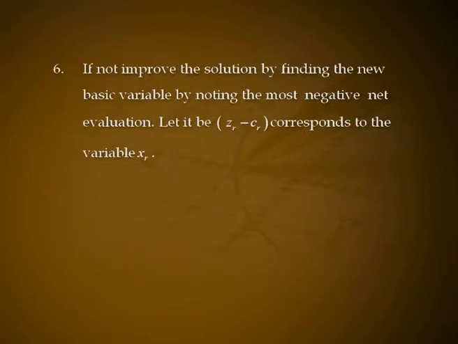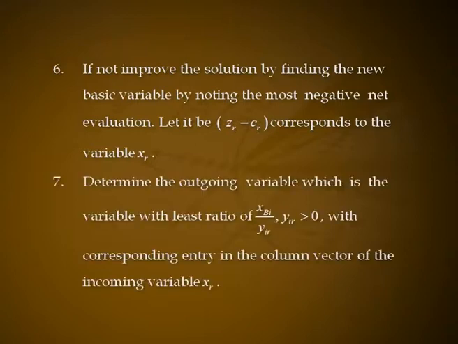Step 6. If not, improve the solution by finding the new basic variable by noting the most negative net evaluation. Let it be Zr minus Cr corresponding to the variable xr. Step 7. Determine the outgoing variable, which is the variable with least ratio of xbi by yir for yir greater than 0, with corresponding entry in the column vector of the incoming variable xr.